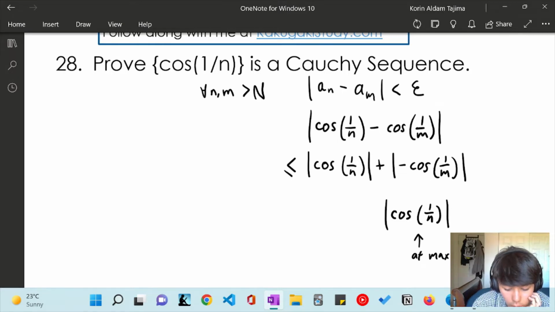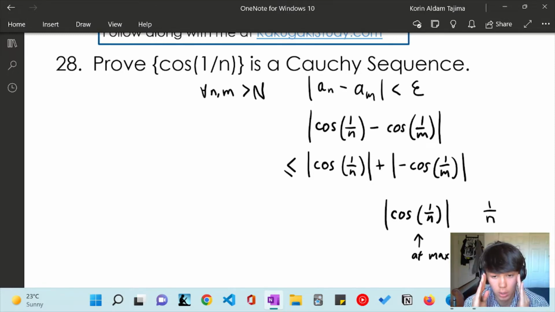And 1 over n is also at max equal to 1. So they're either equal to each other, or something, 1 over n, cosine of 1 over n.